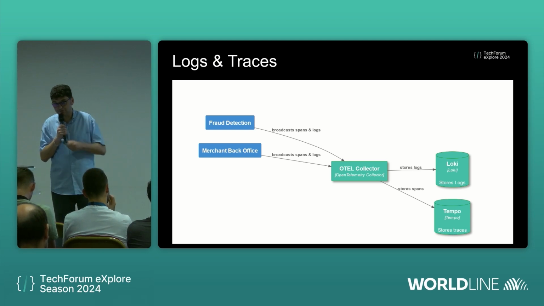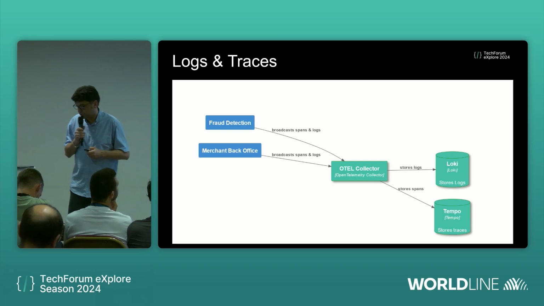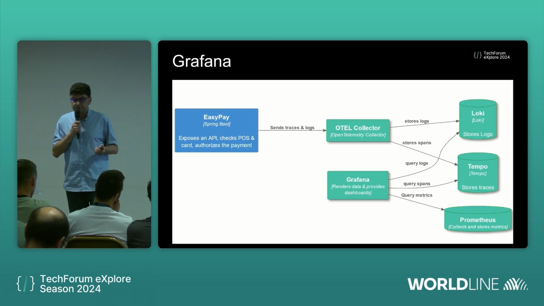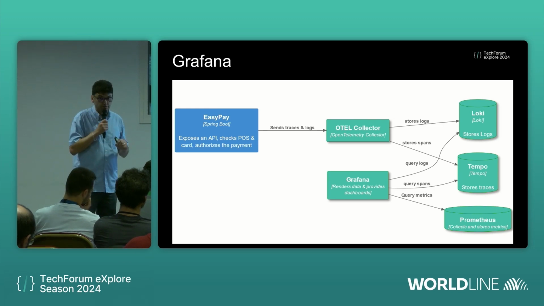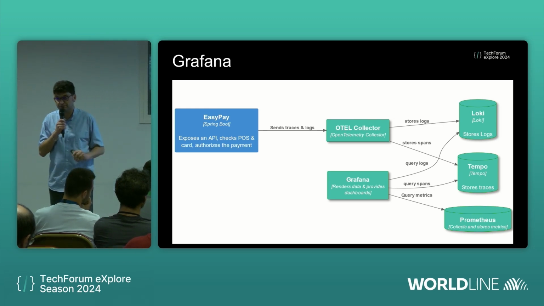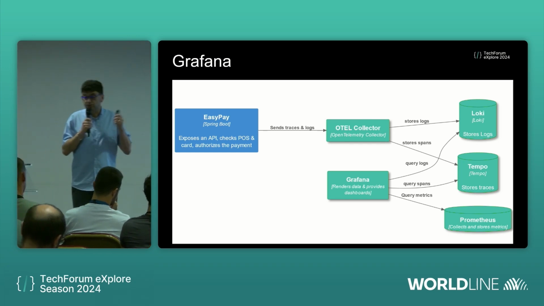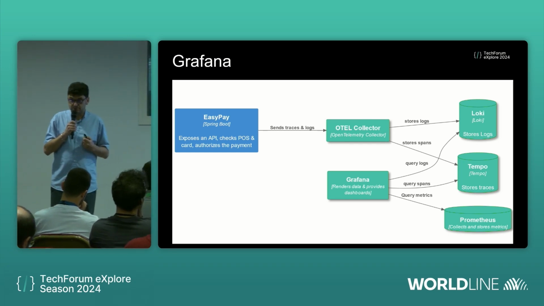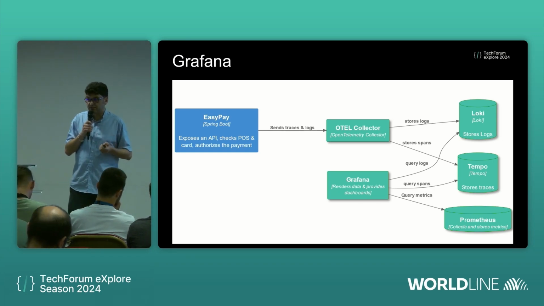I will talk a few words about the OpenTelemetry collector later on. And what about Grafana? To cut a long story short, the OpenTelemetry collector is responsible for putting all the data in the respective databases, and Grafana will be responsible for creating the dashboards and running queries on these databases.